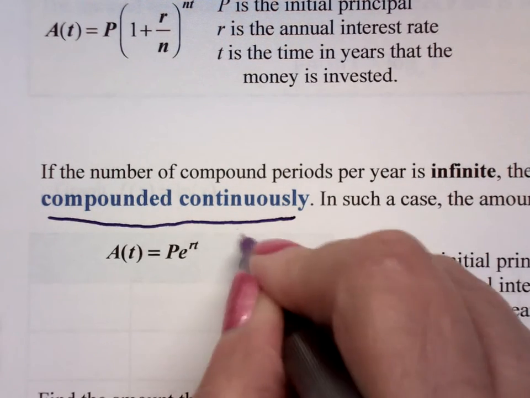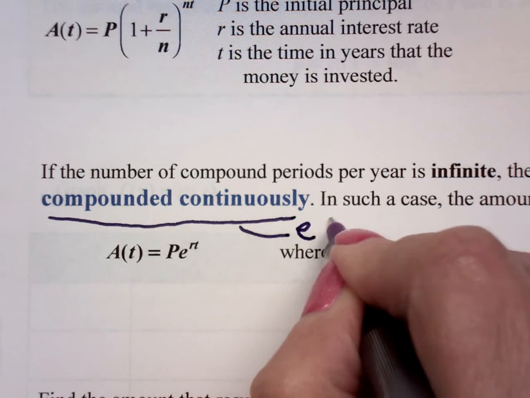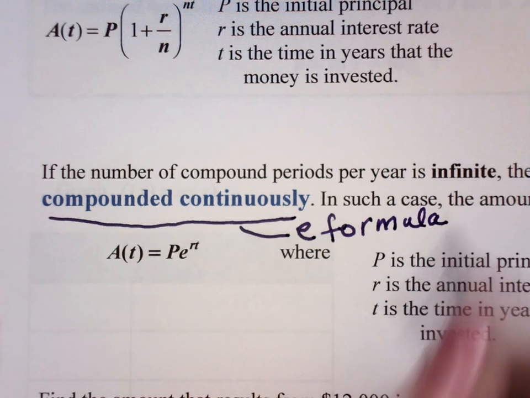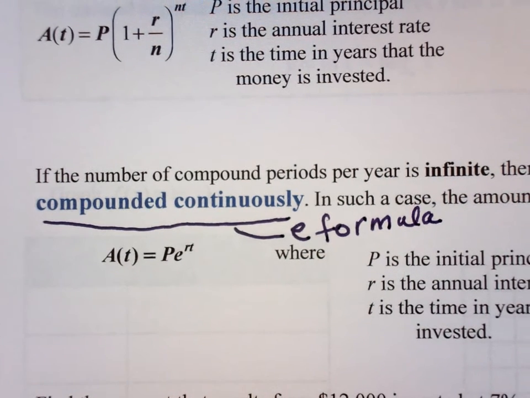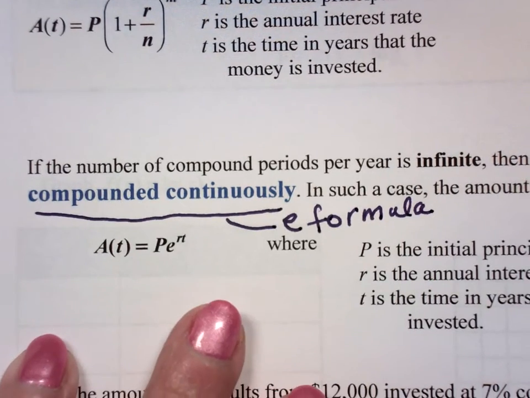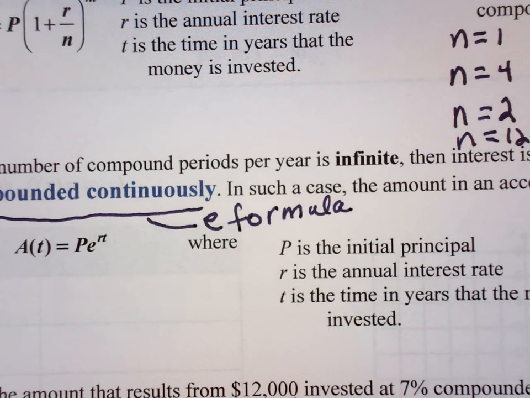Anytime you see the word continuous, I say to myself, it's the E formula. It says A of T equals P E to the R T. P is the initial amount, R is the interest rate, T is time in years, and then we'll talk about what continuous compounding means.